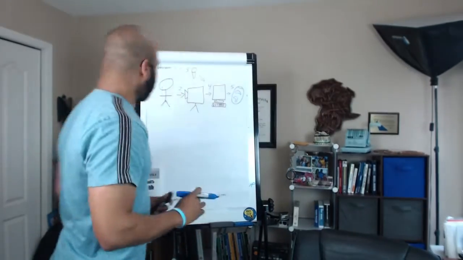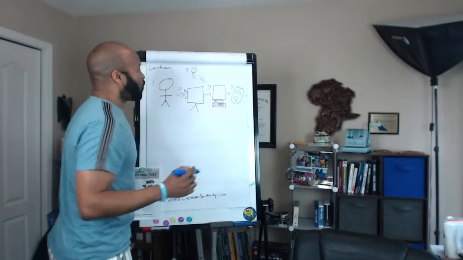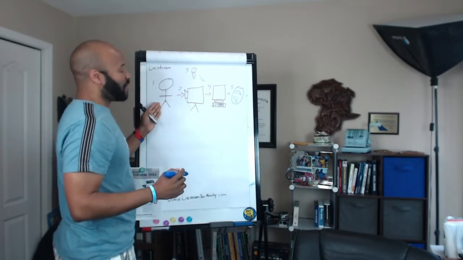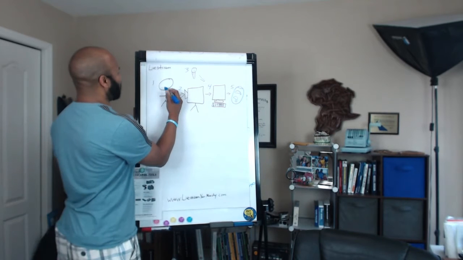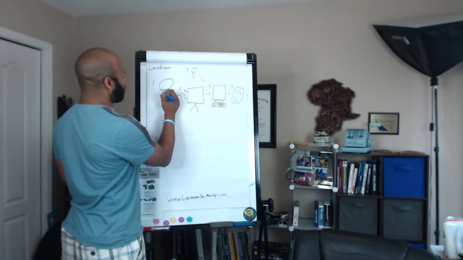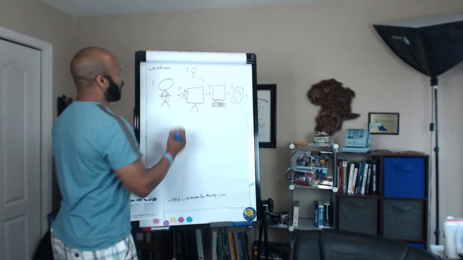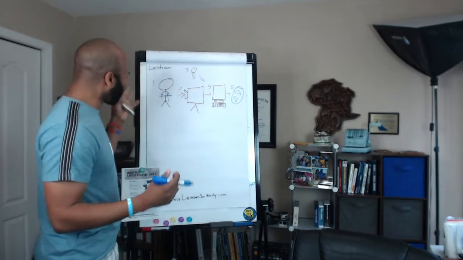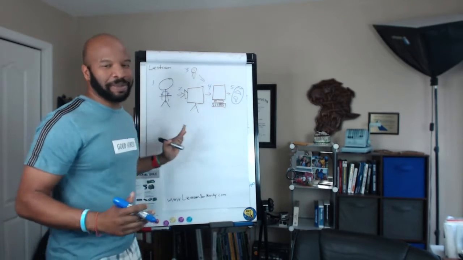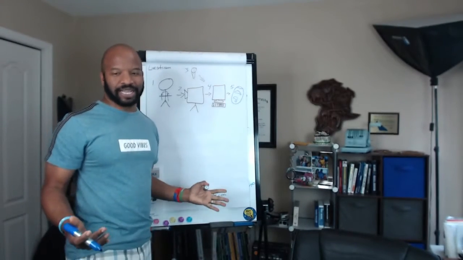All right, cool. The first thing you need is the person. You need the minister. This is the bishop. He's got the robe. Or he's the pastor or whatever. You've got to have somebody that's sharing the message, that's giving the word.